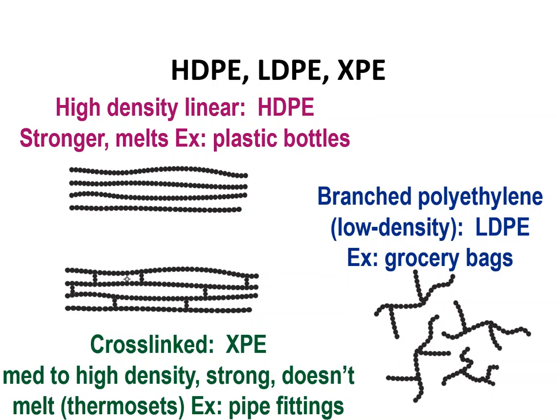Now this one has cross-linking, so they do a reaction to connect the different chains. This makes it a lot stronger. This one has branches, so they don't all line up neatly, and so this makes a much more flexible type.